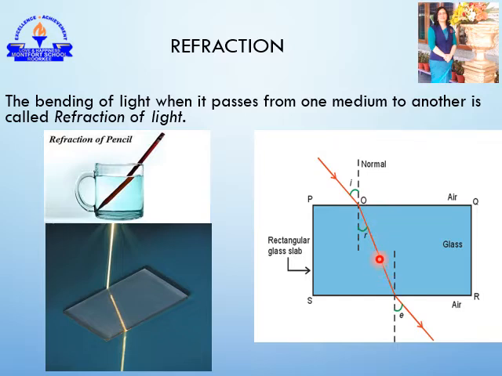In the same way, when the same ray comes out from glass to air, that means from one medium to another medium, again it bends. But here, when it is coming from glass to air, it is going away from the normal. Therefore, the bending of light when it is passing from one medium to another medium is called refraction of light.